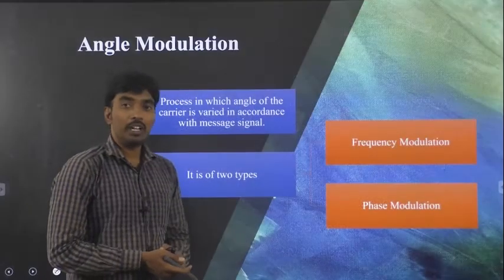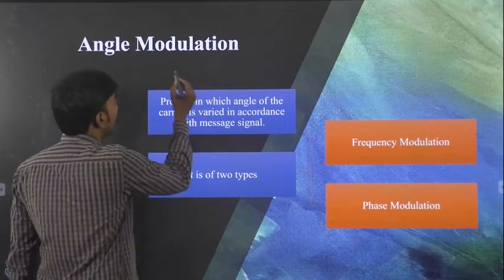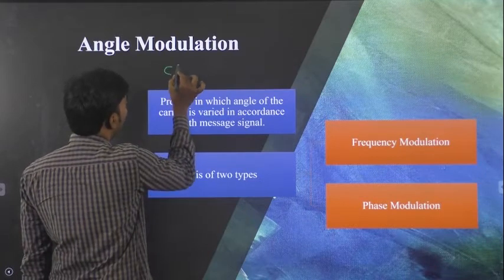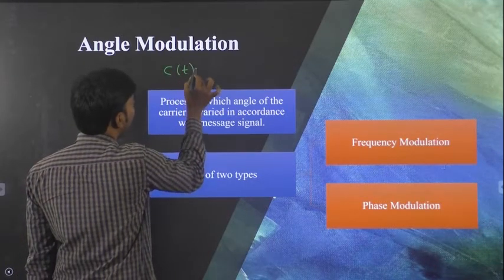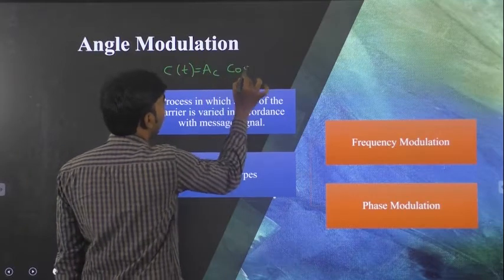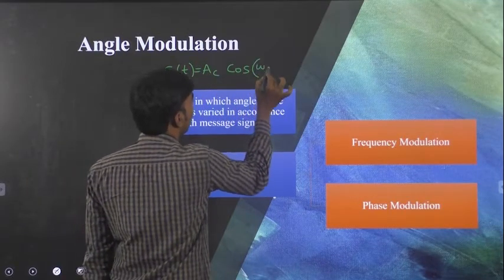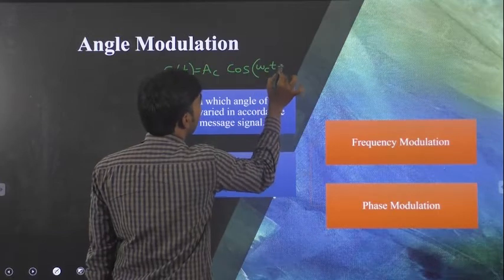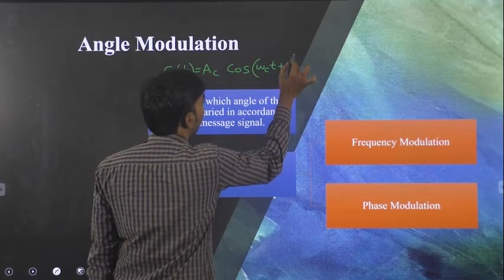And when it comes to angle modulation, let us say the carrier signal c(t) is equal to Ac cos(omega c t plus phi).